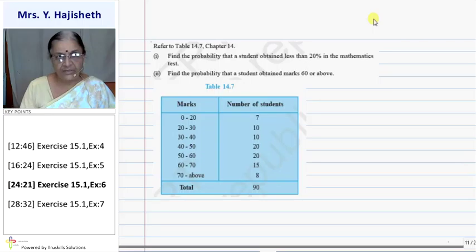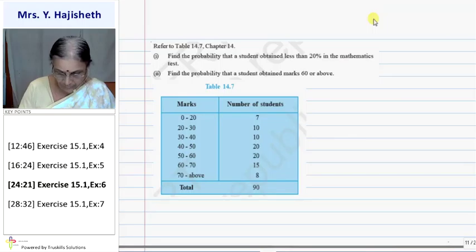The teacher wanted to analyze the performance of two sections of students in a maths test for 100 marks. Looking at their performance, they found that a few students got under 20 marks and few got 70 or above. So she grouped them according to the following table.